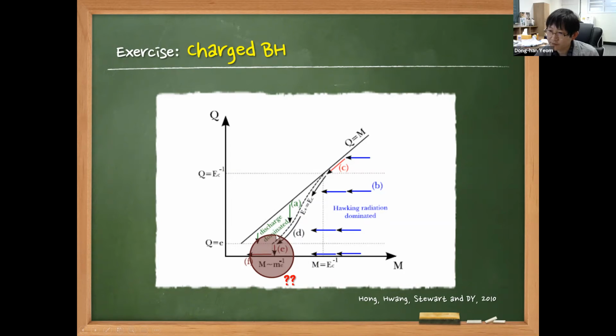And eventually, the black hole size will be smaller and smaller, and in this limit the charged black hole size is almost the same as the particle size. And then finally, it's the quantum gravity regime, and the black hole will totally disappear. So this is the usual life of the charged black holes.